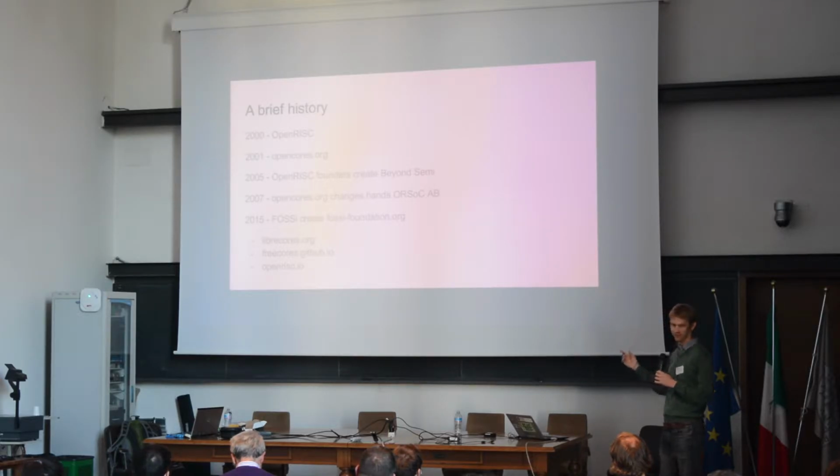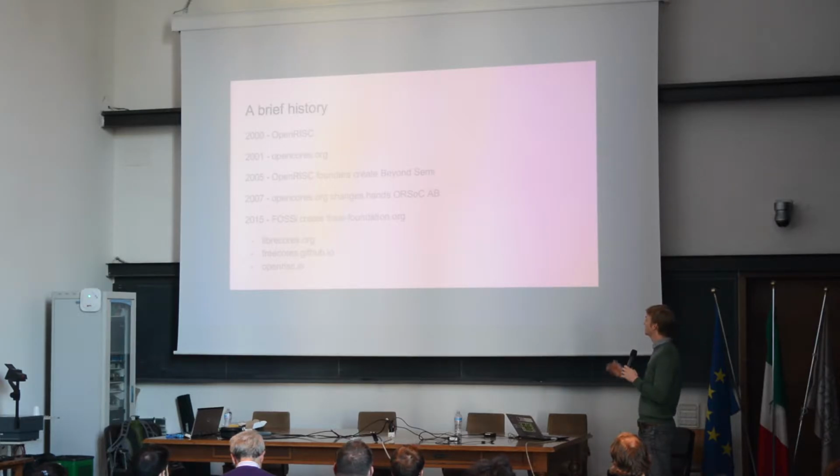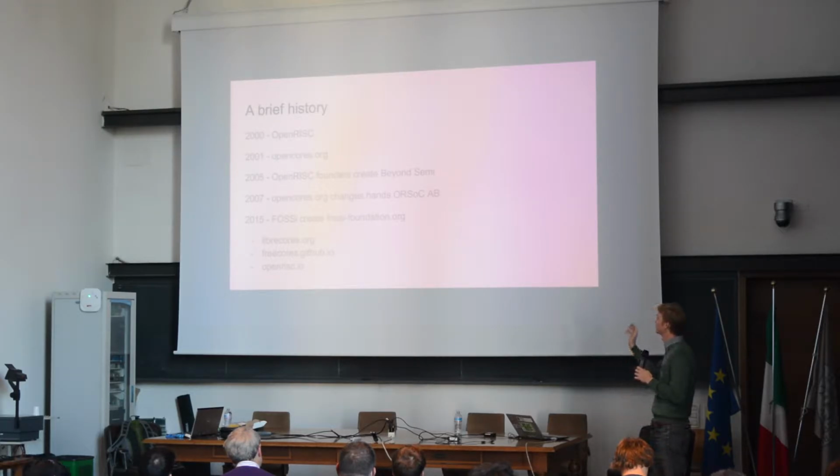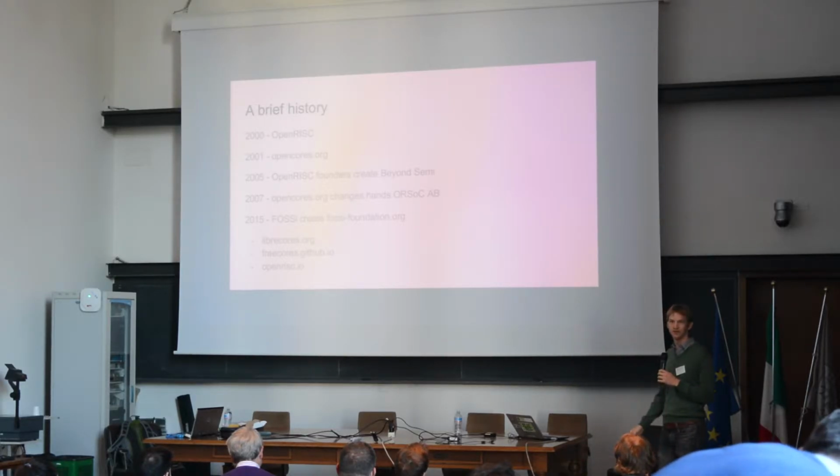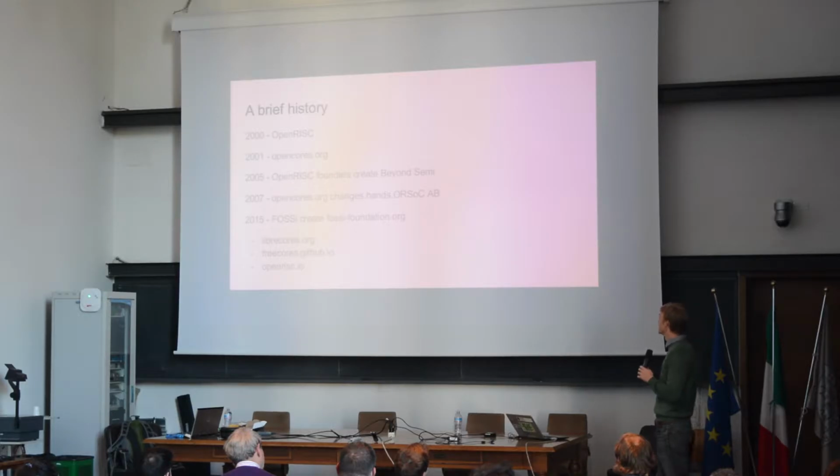Maybe it was Flextronics originally or something like that. And in 2005, the founders went to create another company, and they left OpenCores pretty much unmaintained. In 2007, it changed hands to another company, and this company, as of very recently, I believe, is now bankrupt.